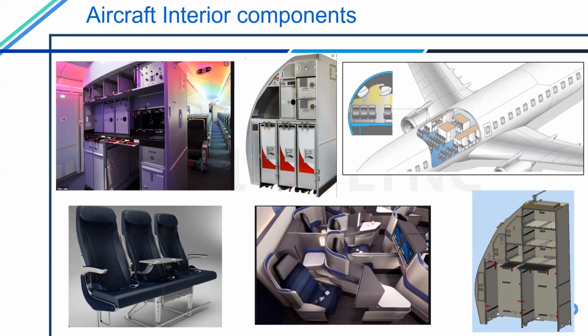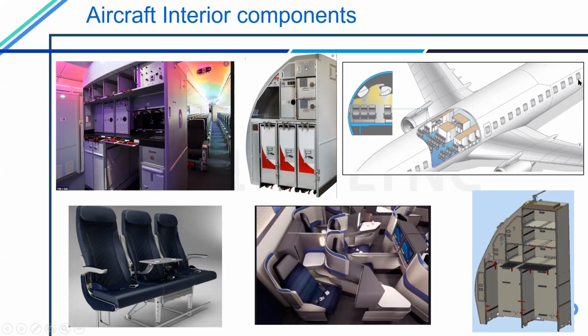Apart from the galley, we have the lavatory and seats. In seats, there are different types like economy class, business class, and first class seats. And in galleys, there are different types, where you can see a centerline galley and a lateral galley. The lateral galley is on the sides. In this picture I have not shown the aft complex galley.